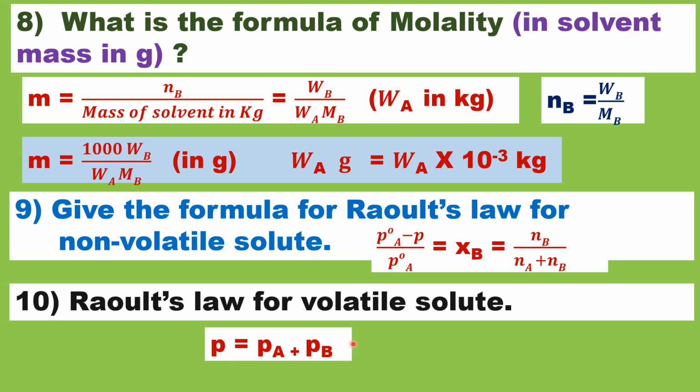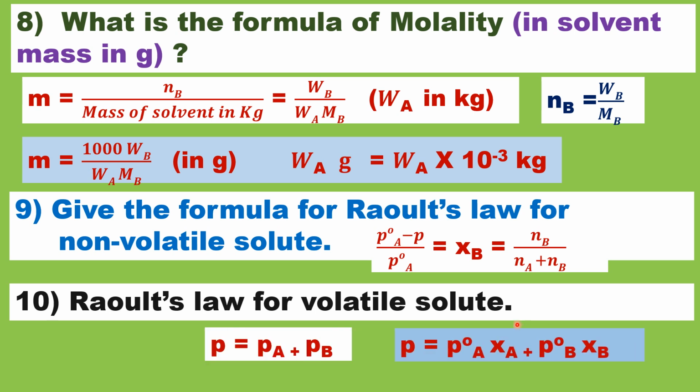According to Dalton's law of partial pressure, total pressure is equal to PA plus PB. That is, the total pressure is equal to the sum of the individual pressures of the various components present in the solution. This is the partial pressure of A, and this is the individual pressure of B.